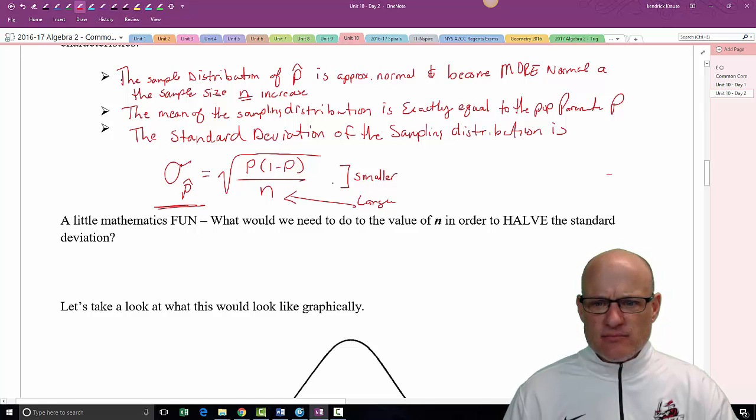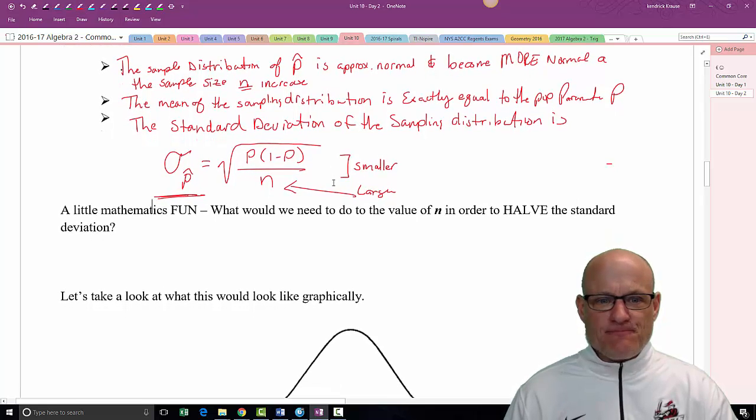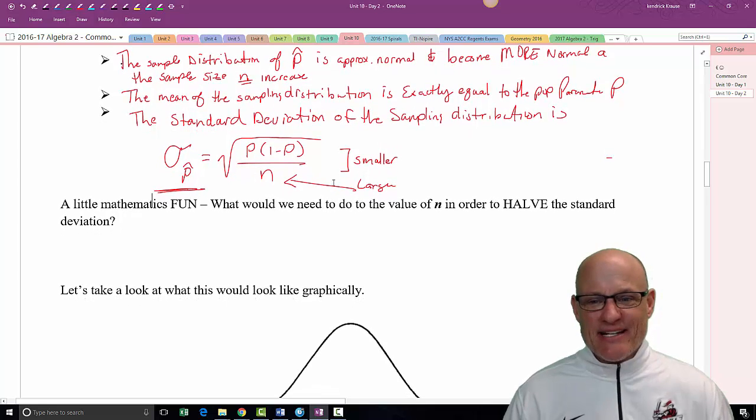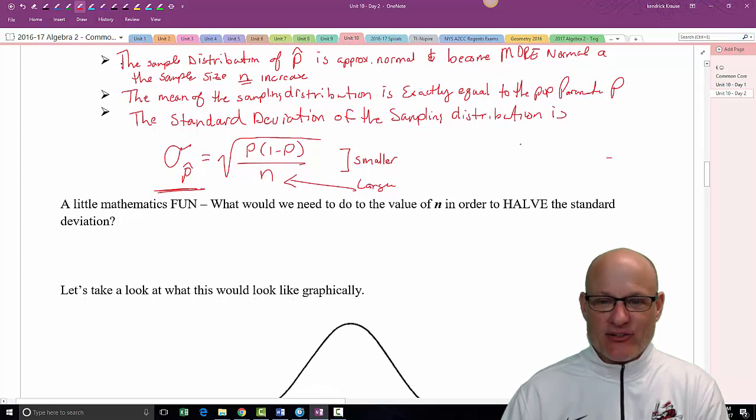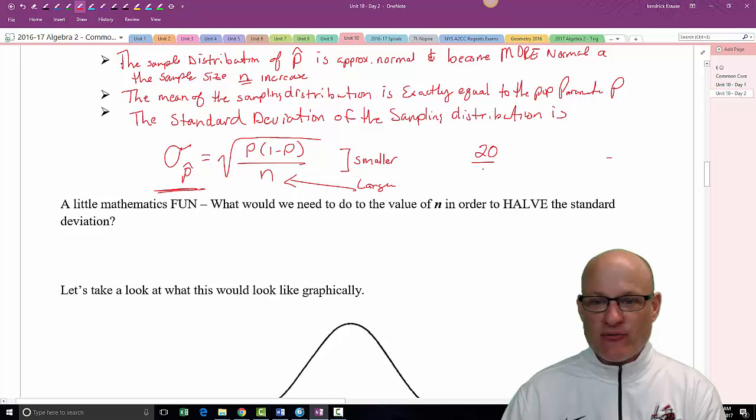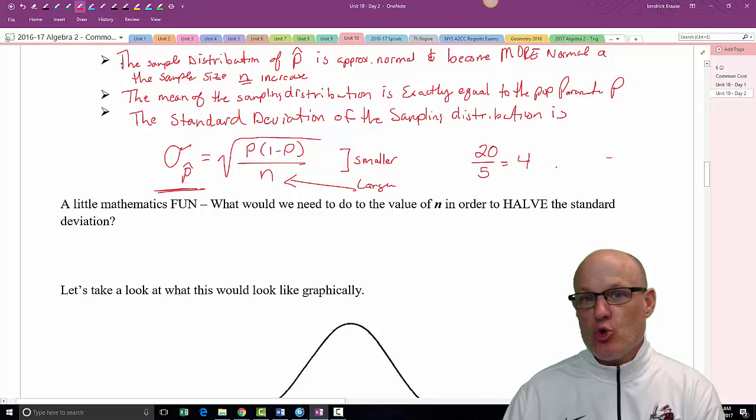And a little bit of math fun. What would it take to have the standard deviation change? So for example, let's say my standard deviation is 4. So I'm going to divide 20 by 5 and I get 4. So what if I want my standard deviation to now be 2?